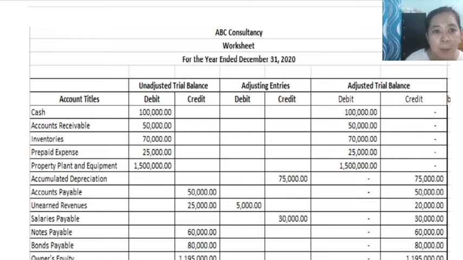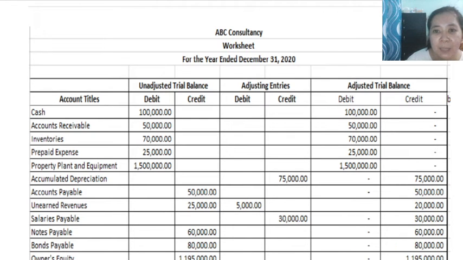Our accounts payable have no adjusting entry, so we will forward the 50,000 to our adjusted trial balance. For our unearned revenues, in our unadjusted trial balance we have 25,000 credit, while in our adjusting entries, we have a debit of 5,000.